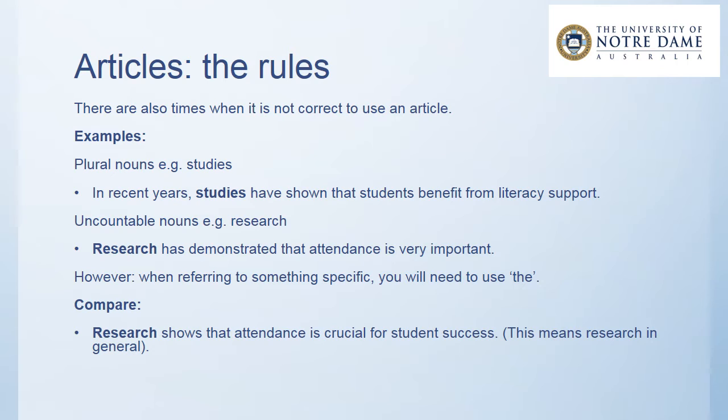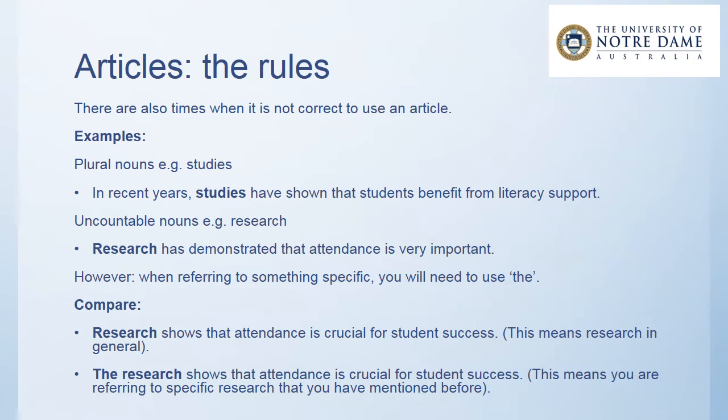Research shows that attendance is crucial for student success. This is like our first example. Research has demonstrated that attendance is very important. Research shows that attendance is crucial for student success. In both of these cases, I am talking about research in general. However, consider this sentence.